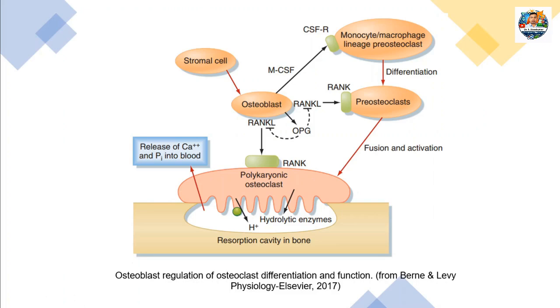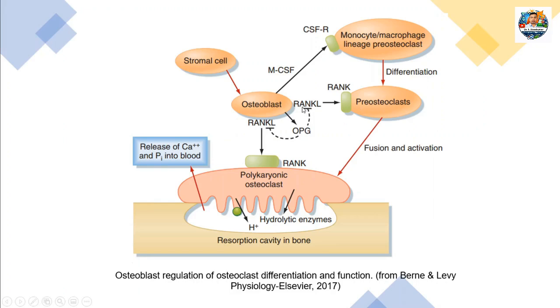On binding of the parathyroid hormone to the osteoblast, it will produce monocyte colony stimulating factor, which will bind to its receptor on the precursor of osteoclast, the monocyte macrophage lineage cell, and it gets differentiated into the pre-osteoclast.